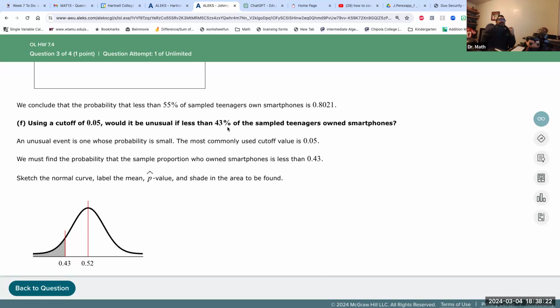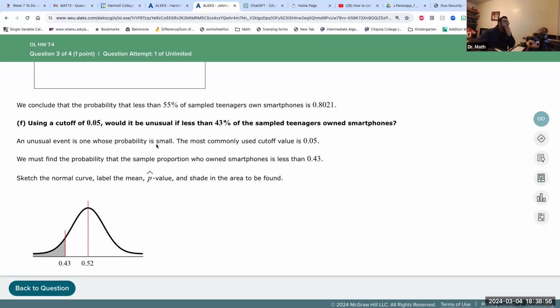And if our answer is, let's say, 0.10, then we say no, that's not unusual. Using this cutoff, it would only be considered unusual if less than 5%, less than 0.05. So if our answer comes out to less than 0.05, that tells us something unusual is going on. And I like how they say an unusual event is one whose probability of happening is really small.